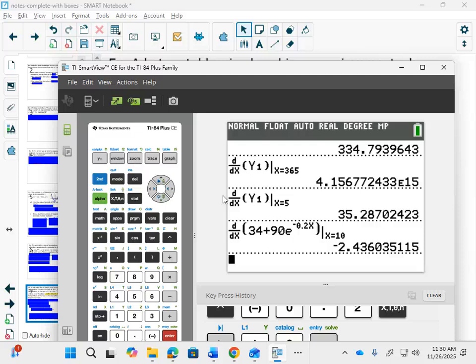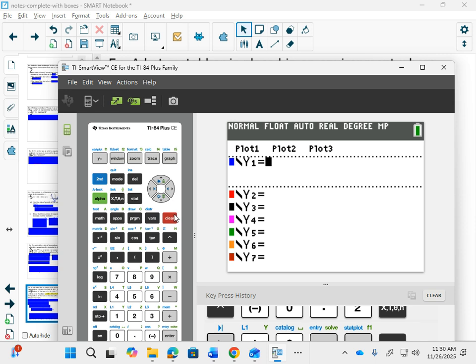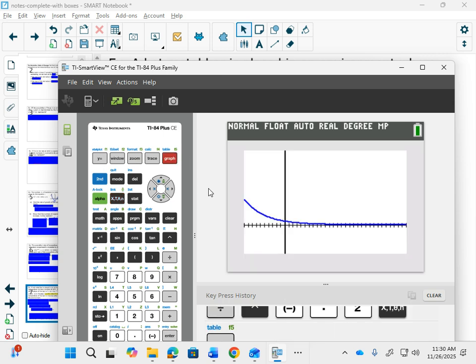Yes? Could you do this also directly on the graph? So I can't copy and paste, but if I clear this out, and I'm going to write 34 plus 90 e to the power of negative 0.2x, and I graph it, there's my decreasing exponential function.